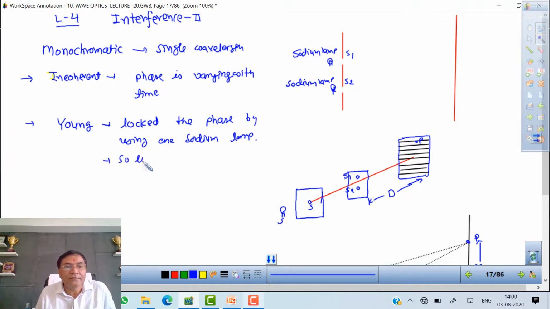So light emitting from S illuminates S1 and S2 at the same time.